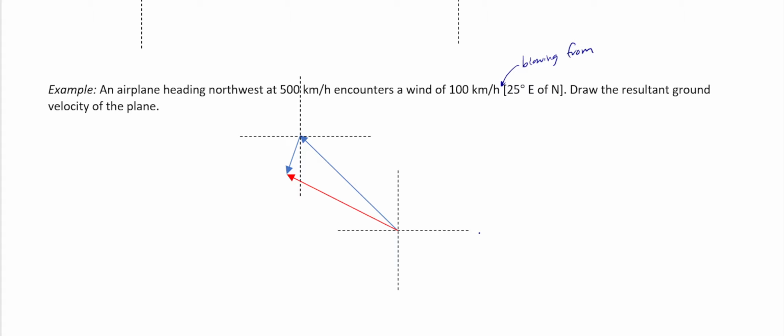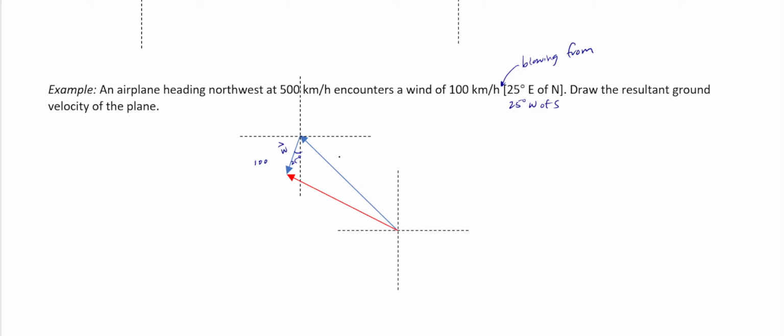Okay, so 25 degrees east of north would mean that this is my wind velocity right here. That's literally the same thing as saying 25 degrees west of south. And so this right here, that's my wind velocity. I know that it has a magnitude of 100, and this is 25 degrees.